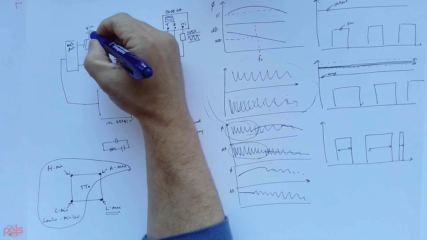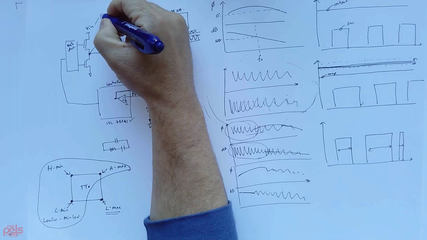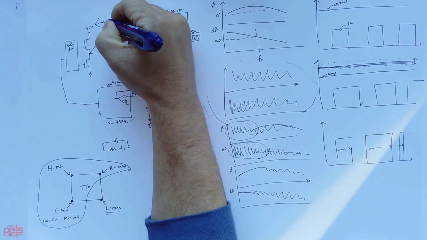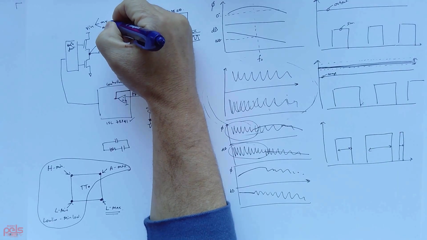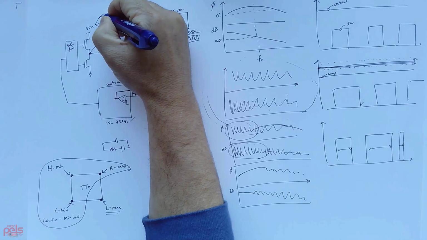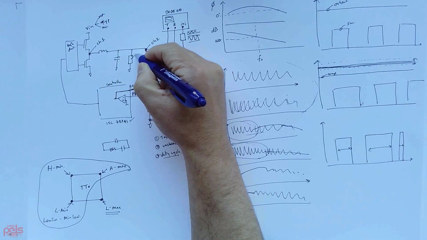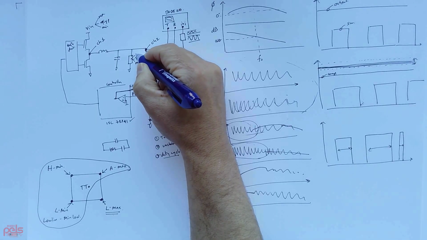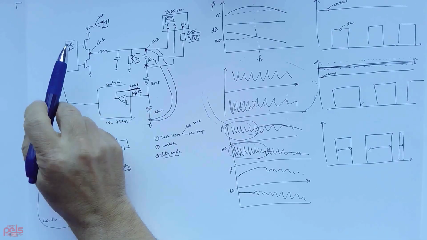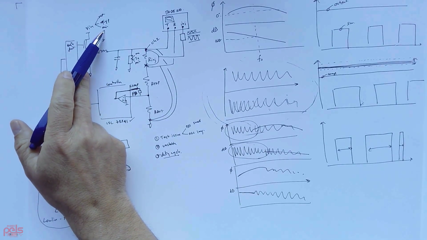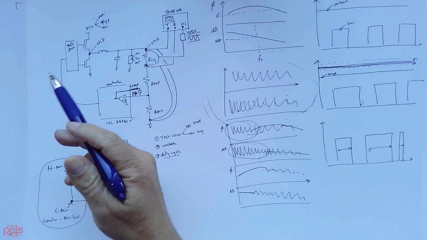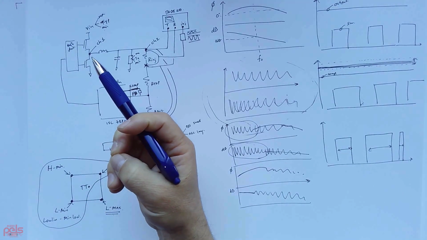So as I swept Vin from minimum, from typical, to max, and as I swept the load from minimum, typical, and maximum, the corner test for minimum input voltage and maximum load is the one that requires the most duty cycle.